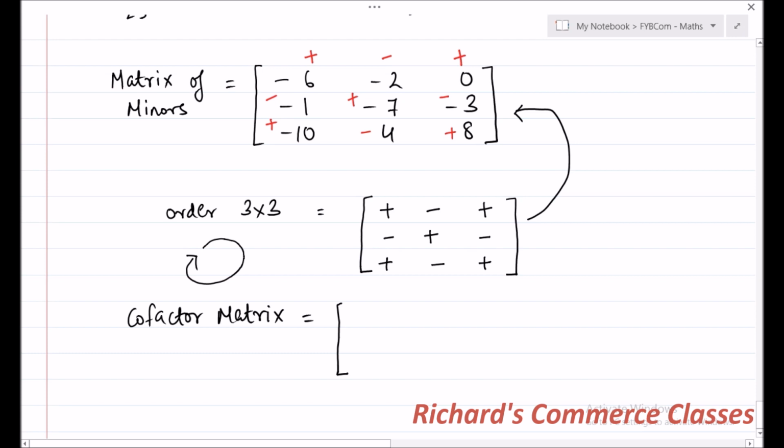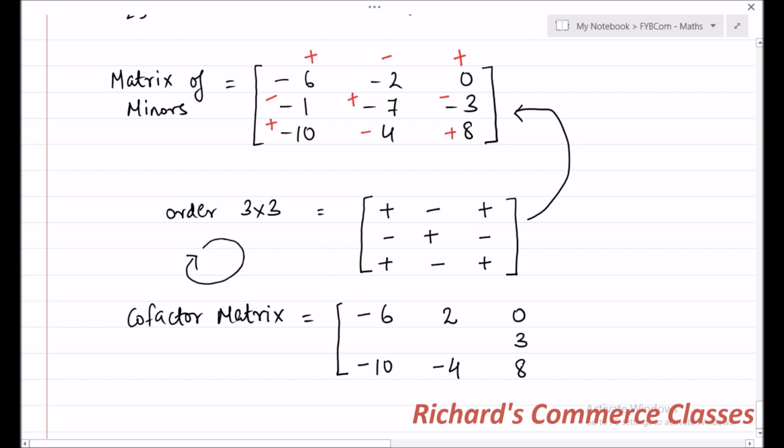So now drawing the cofactor matrix, the first element, you have to assign a plus sign, but plus into minus is minus, so it will remain minus 6. Minus into minus is plus, so the answer will be plus 2. Plus 0 is as it is 0. Moving down, minus into minus will be plus 3. Plus 8 we can write as it is 8. Minus 4, so minus 4. Plus into minus is minus 10.